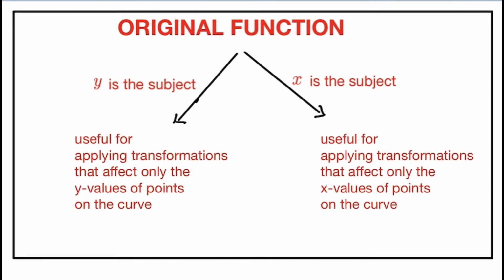Remember that it is useful to use a version of the original function with y as the subject when applying a transformation that affects only the y values of points on the curve, and it is useful to use a version of the original function with x as the subject when applying a transformation that affects only the x values of points on the curve.